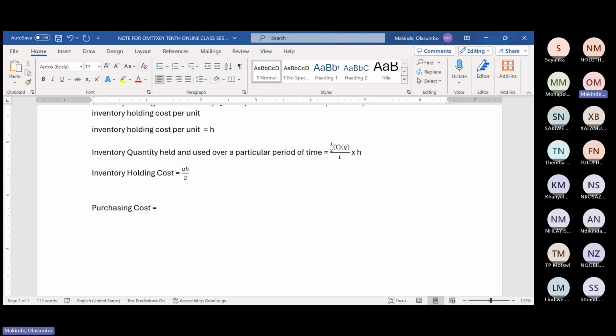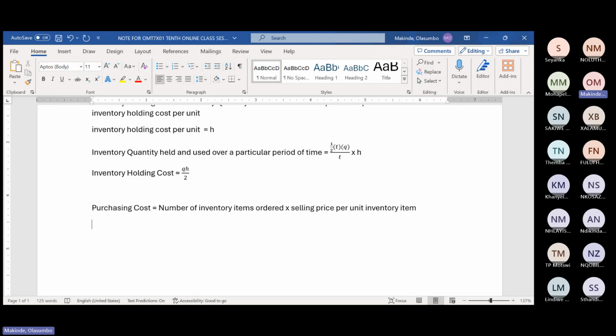Purchasing cost for inventory items is a function of the number of inventory items ordered, multiplied by the selling price per unit inventory item.